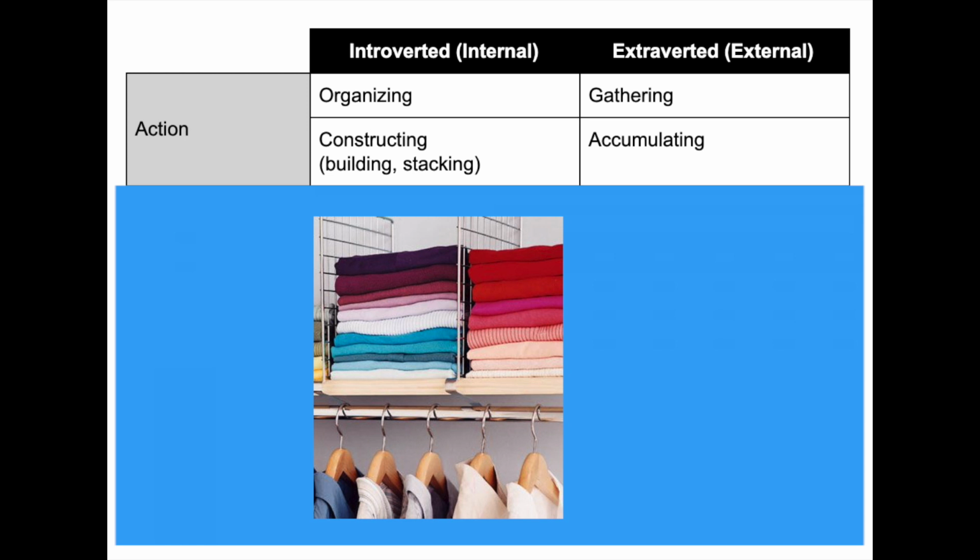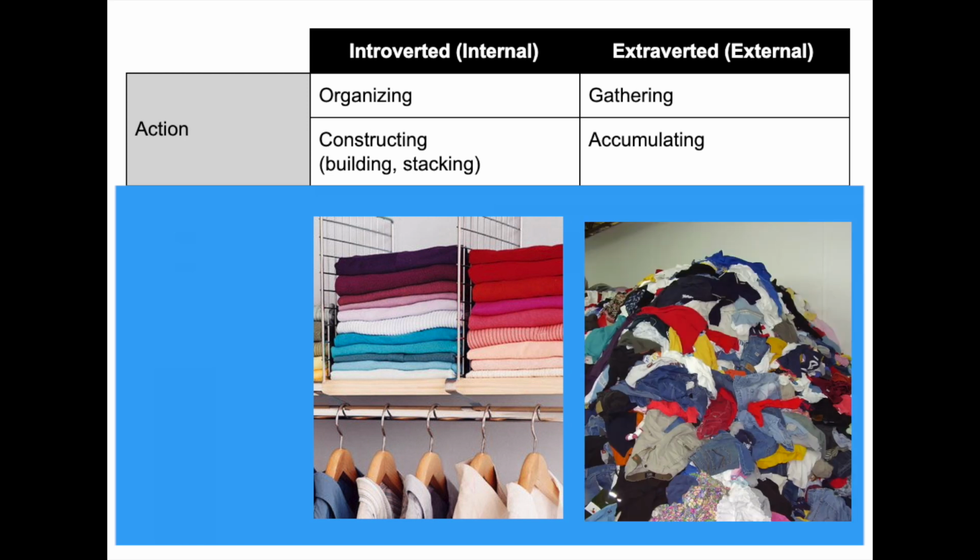And then when it comes to the extroverted function, that one is working towards gathering or accumulating. You're going to notice that a lot of these are going to be opposites. So when it comes to organizing, you're looking at what you have already and putting some order to it, versus gathering, where you're bringing in and not really taking the time to organize it.